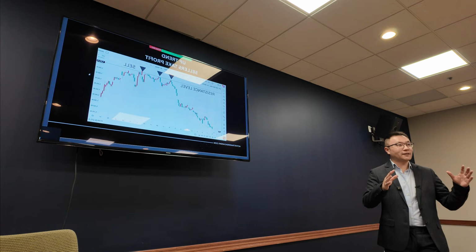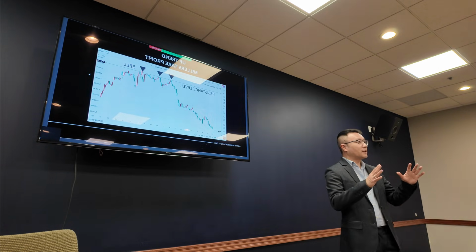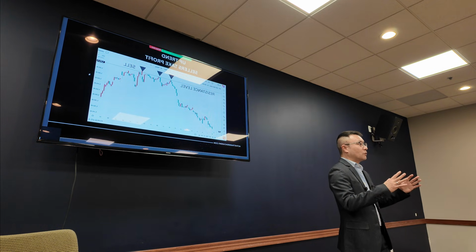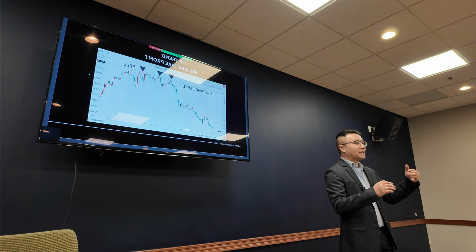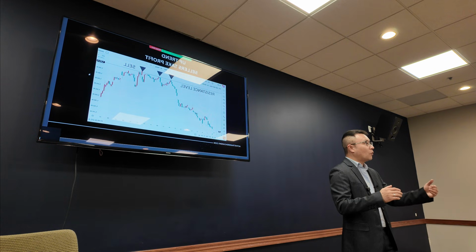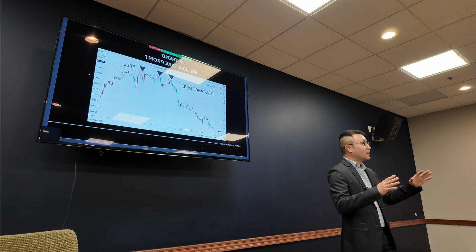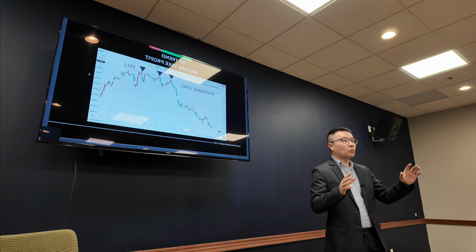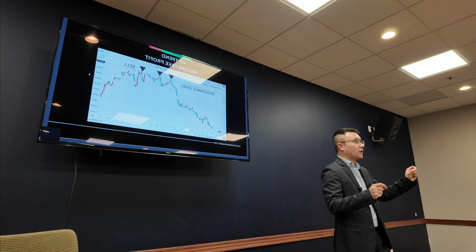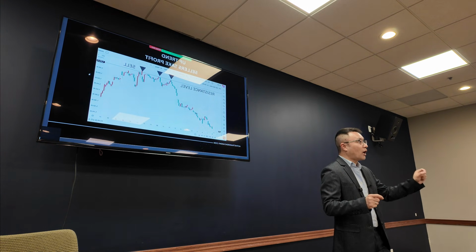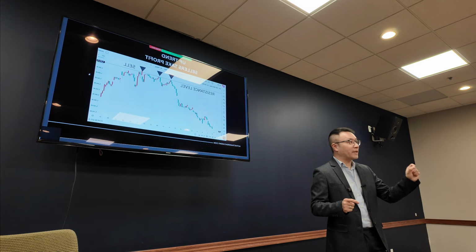So what this chart is telling me is there are lots of people who are selling at that level, or I would say, okay, there will always be sellers, but what the market is telling us is buyers are not willing to buy more than that price.